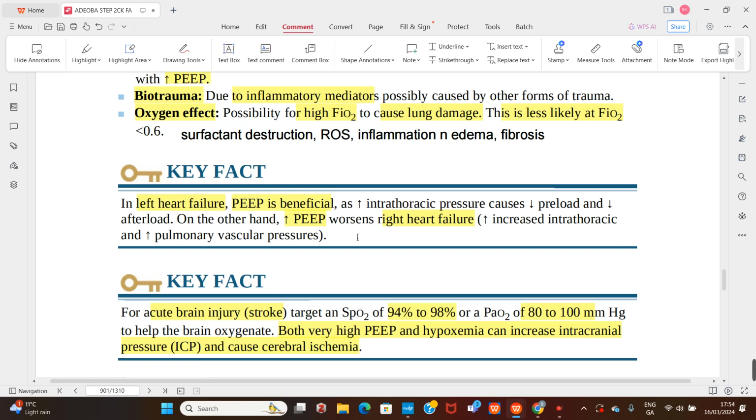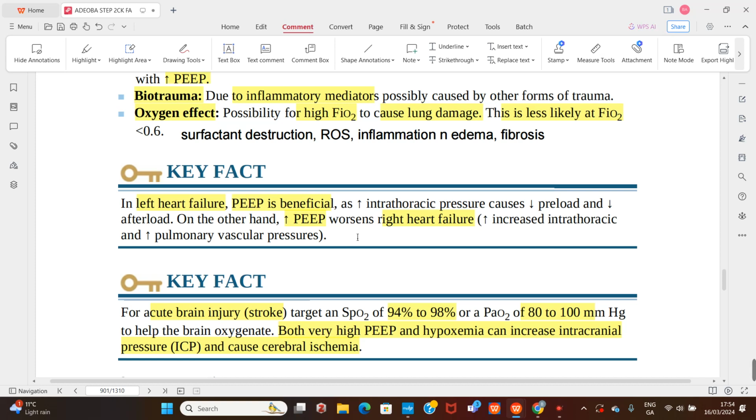So this pressure is going to be transmitted to the pulmonary vessels, because the pulmonary vessels are the vessels supplying the lungs. The lungs are in the thorax. This is the same mechanism as pulsus paradoxus, the same principle.